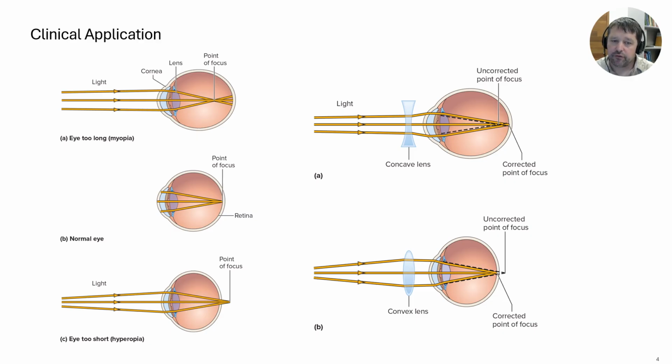So again, you're getting wave patterns that are not concentrated enough at that focal point. And there are ways you can correct that. Again, we talked about this. A concave lens would correct the focal point if your eye is too long. A convex lens would correct for an eye that's too short.